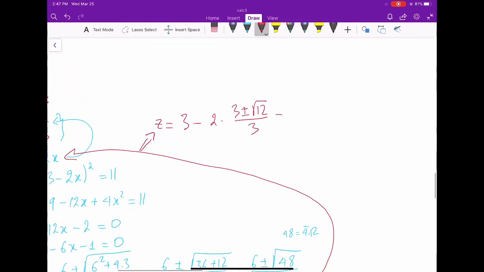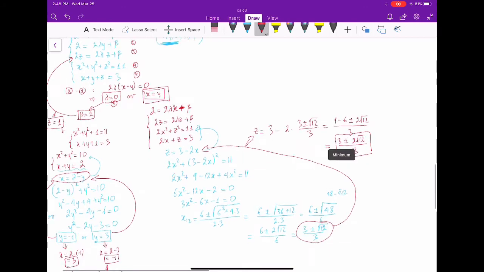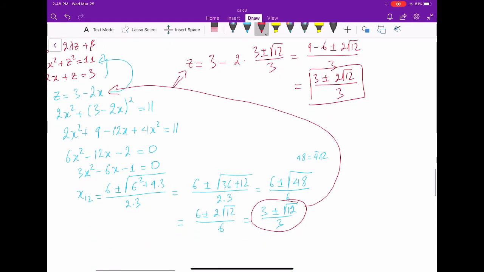We get 9 minus 6 plus minus 2 square root of 12. So basically that is 3 minus plus 2 square root of 12 over 3. It is pretty long. Okay, so we have z.